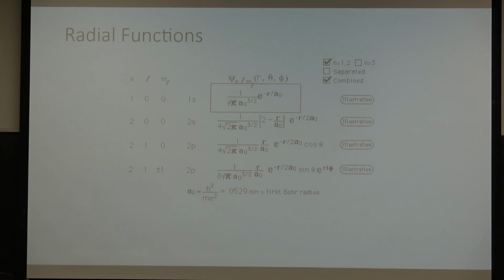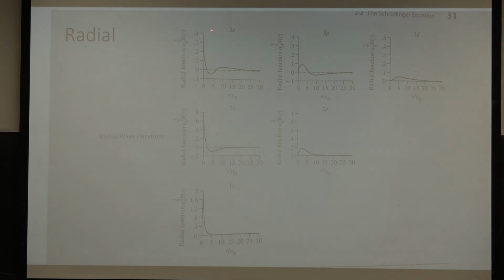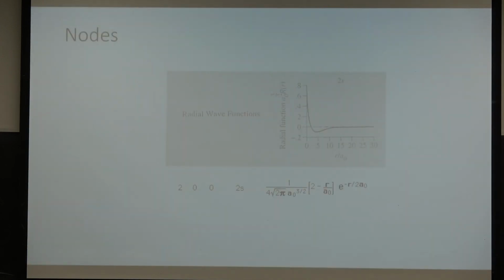The Bohr radius that we derived at the beginning of the class. Then you look at it as r. So then you can have these for all of these different 3s, 3p, 3d, your radial functions and the radial probability distribution functions.